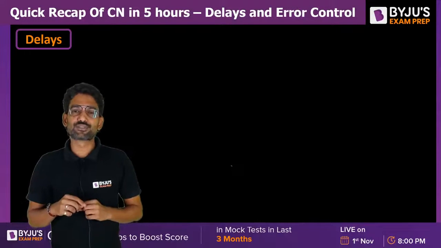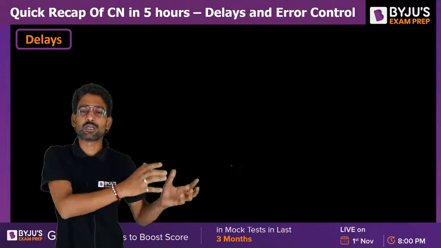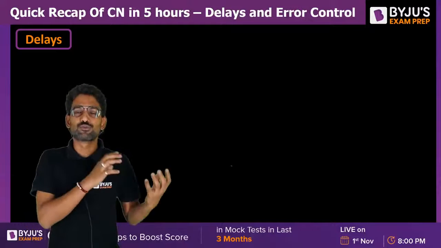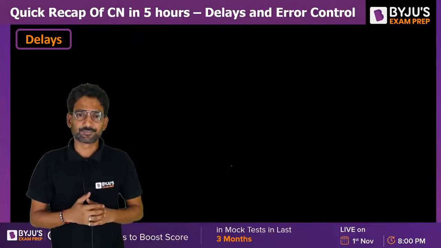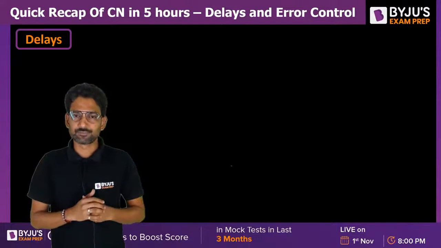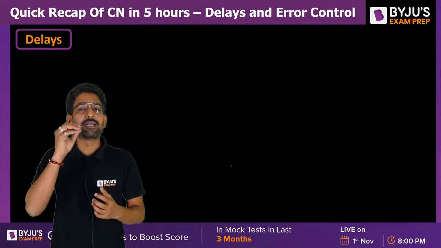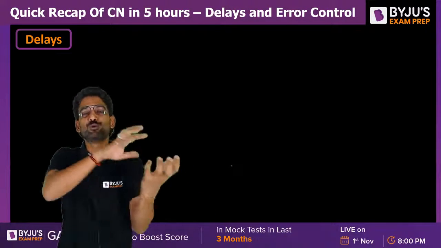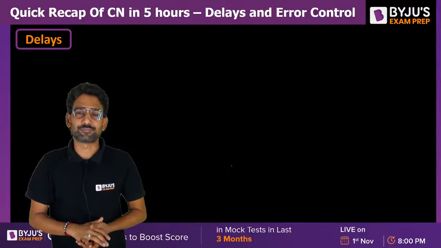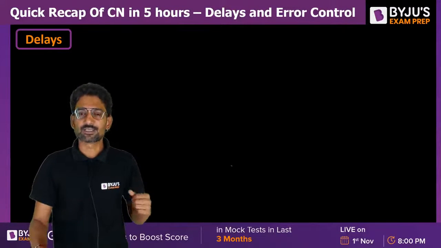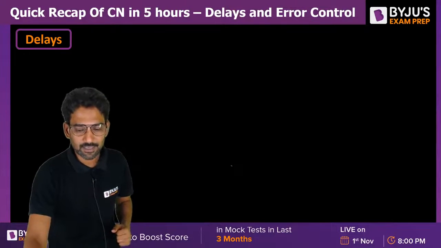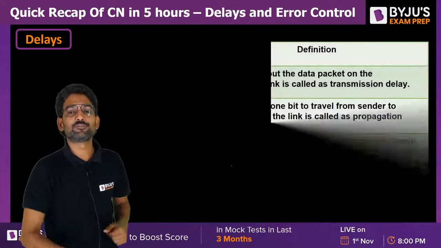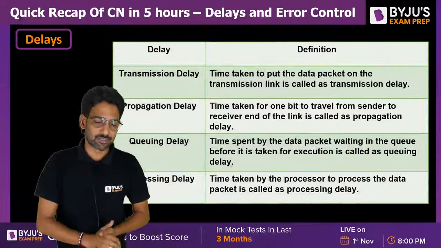We want to send data from one node to another node, or source to destination. This is the main purpose. So what is the time taken for sending the data from one node to another? That is the time. This time comprises 4 different time intervals.